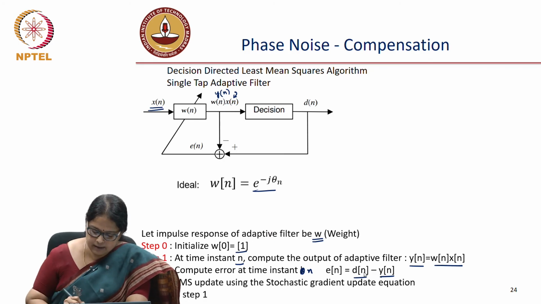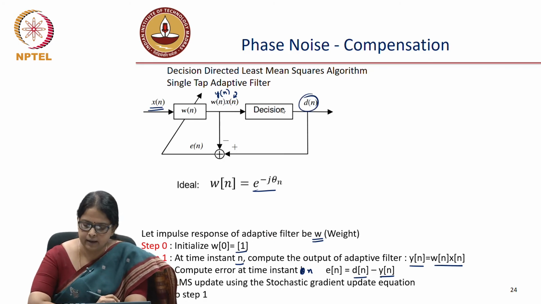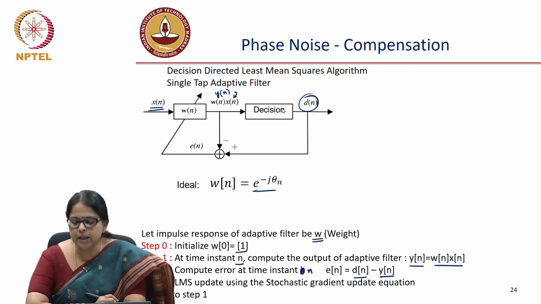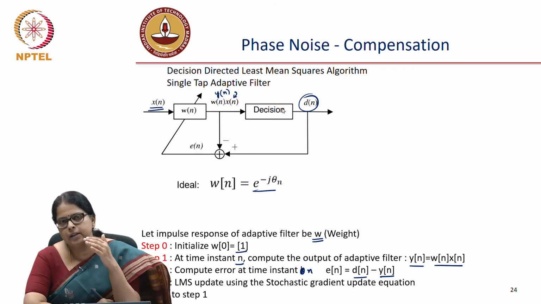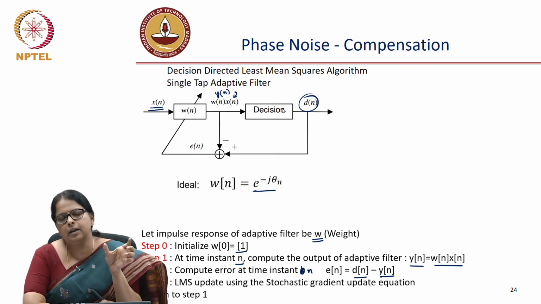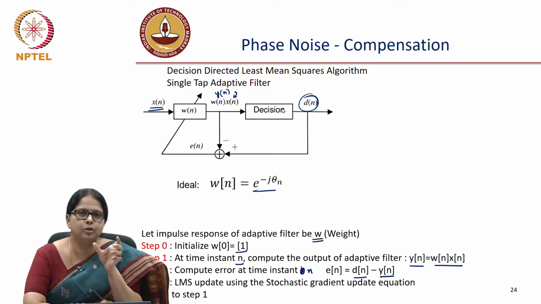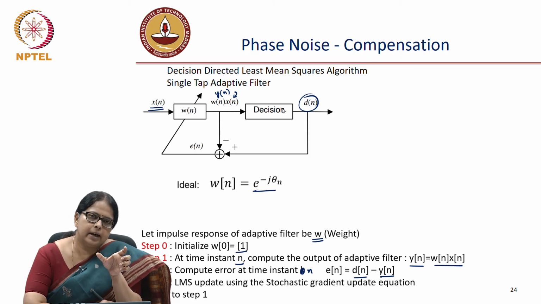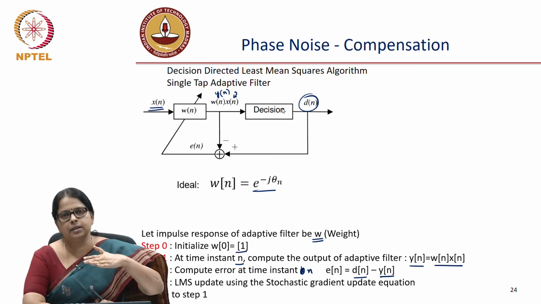Now, this d of n is the decision that you have taken, and that decision depends on whether you are in the training mode or in a tracking mode, this decision could be different. For example, you can run this algorithm in a training mode, in the sense that you already tell the receiver that these are the bits that I transmitted.